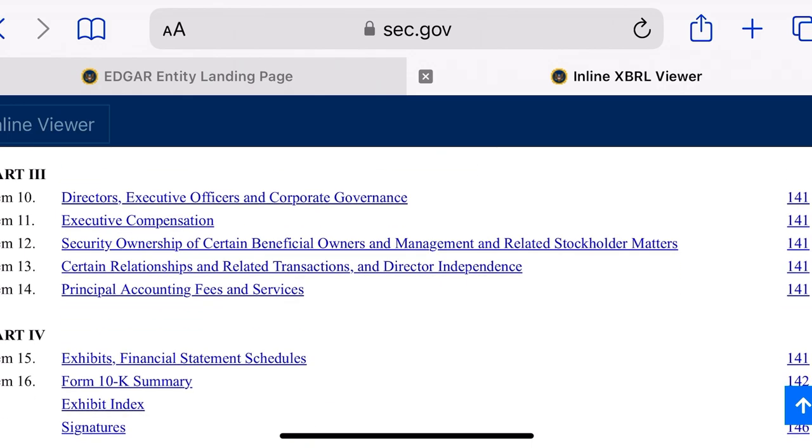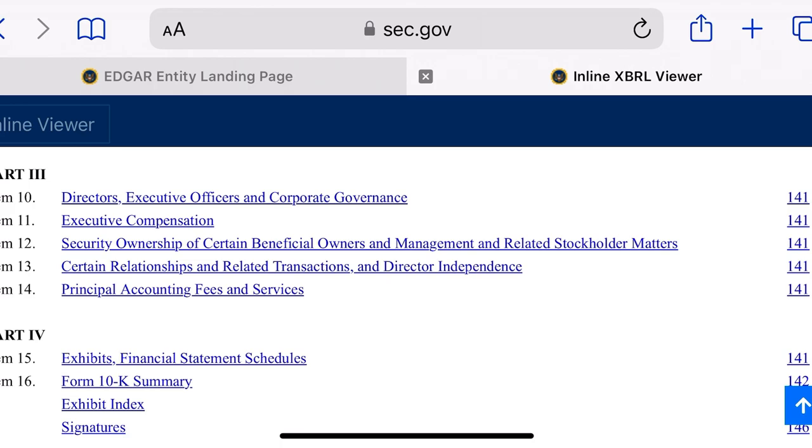Again, coming down here, there's just information about the directors, the executive officers, the governance, important sections. Item 11, executive compensation. You want to dig into stock options, those kinds of things, because those are contingent liabilities as well.